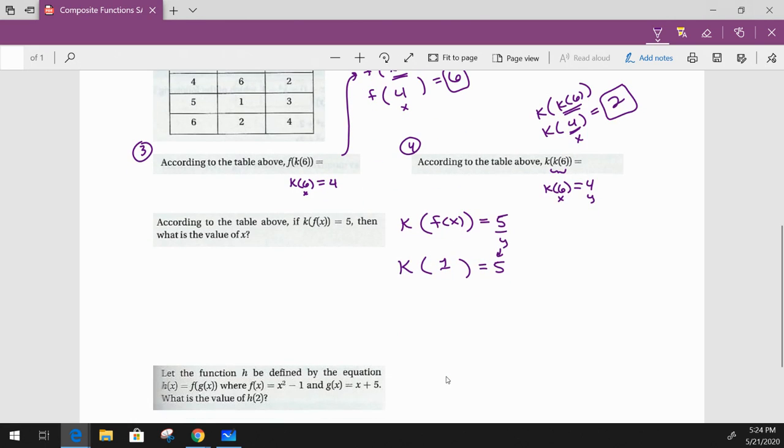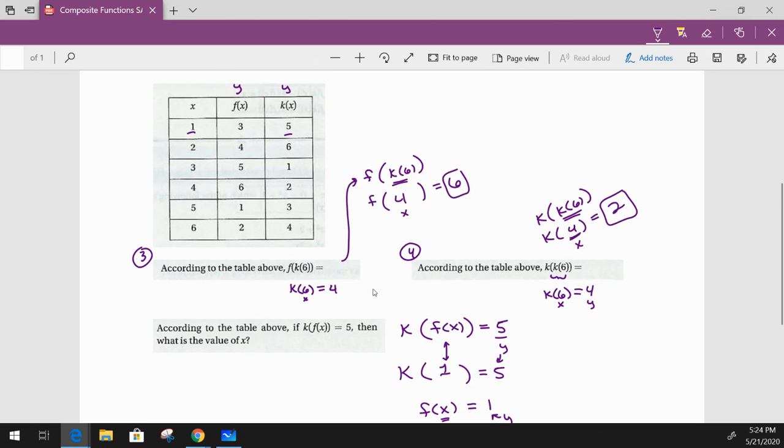Well, then that tells me what f of x has to equal. So f of x has to equal 1. Again, 1 is the y value, or the output value, so we need to figure out what the input, or x value, is when y is 1 on the f of x function. So looking at my column for my f of x, here is 1.